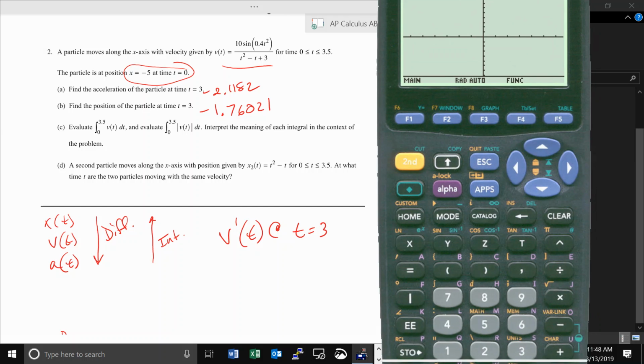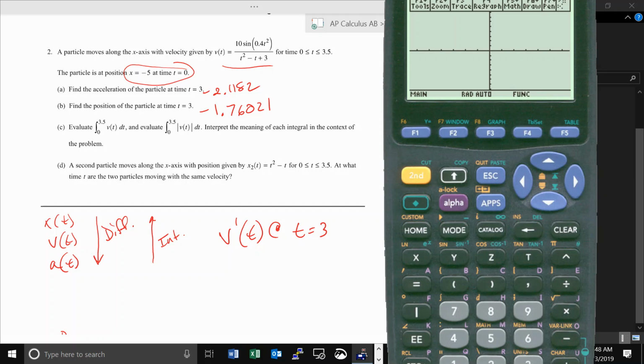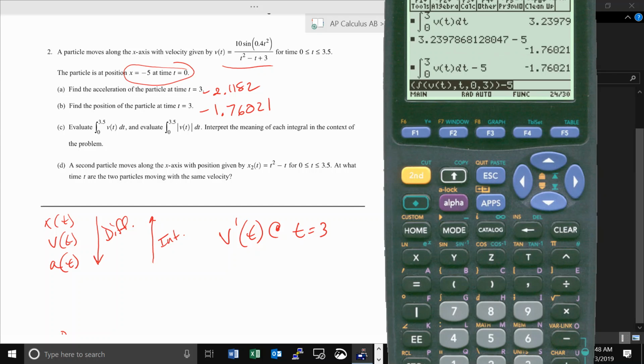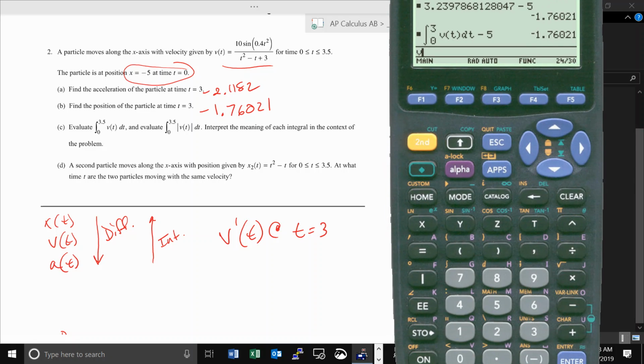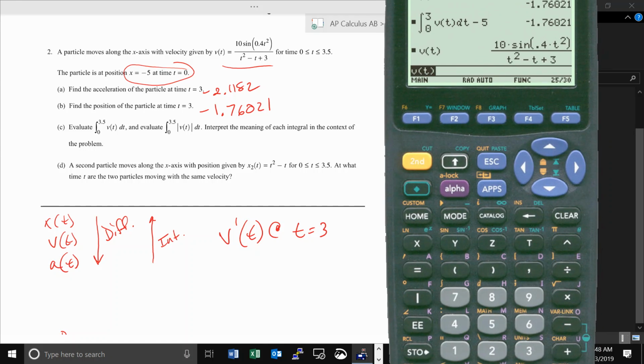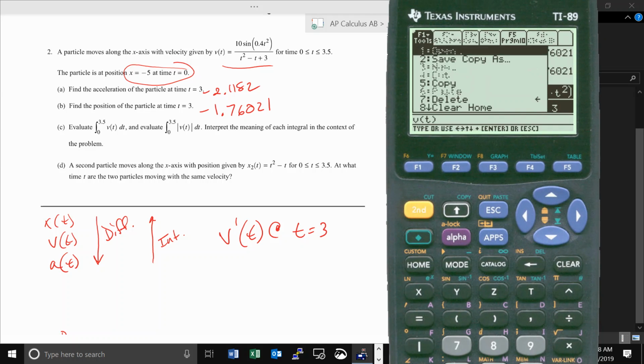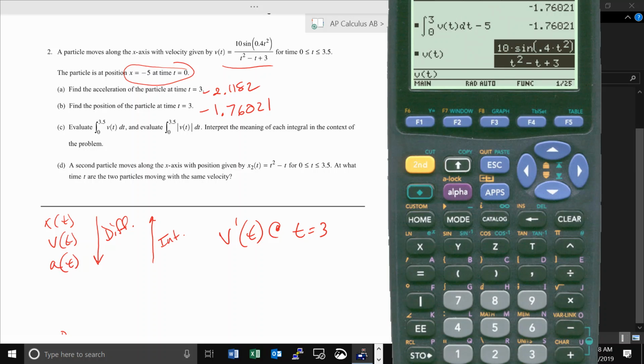Escape. Sorry, I keep thinking it's a touch calculator. Let's go home. I'm going to type in alpha v of t and enter. So there it is. Now I'm going to highlight it, and you can go to F1 and copy. There's a cut, copy, paste tool.